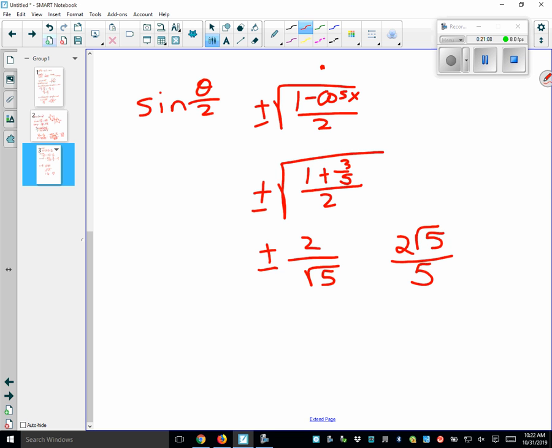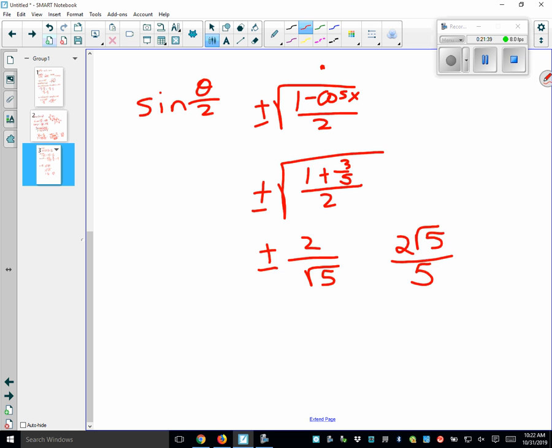Now, my question is it positive or negative? What quadrant is it going to be in? It's in 3. No, it isn't. It's in 2, because half of 3 is 1 and a half. Because it's over 2. So it's half the angle.